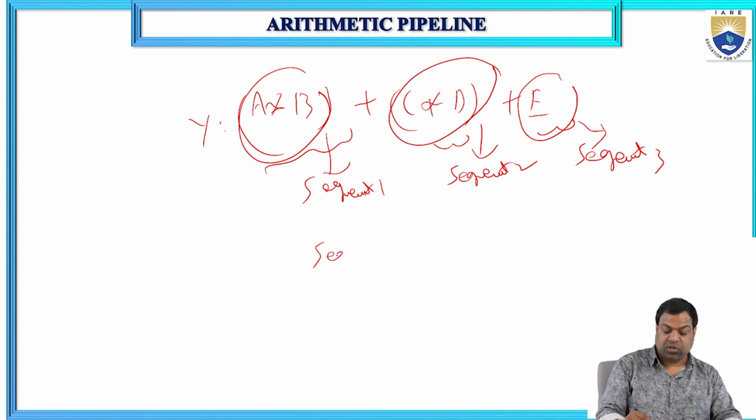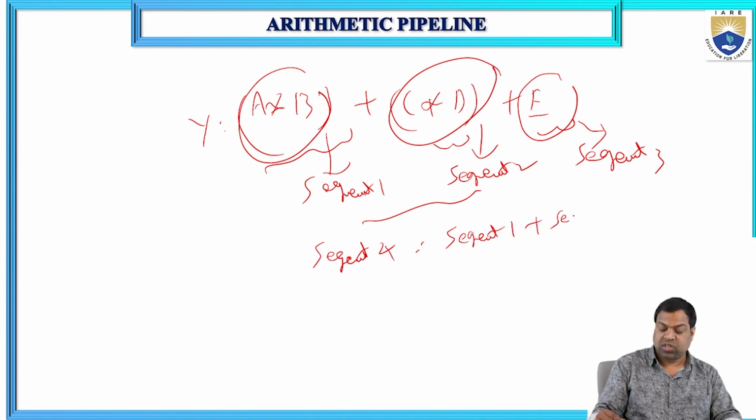Next, what is segment 4? Segment 4 equal to segment 1 plus segment 2. A into B value plus C into D value, so I got A into B value plus C into D. Suppose I am taking the A into B value as X, and the C into D value as Y. So what is X plus Y?